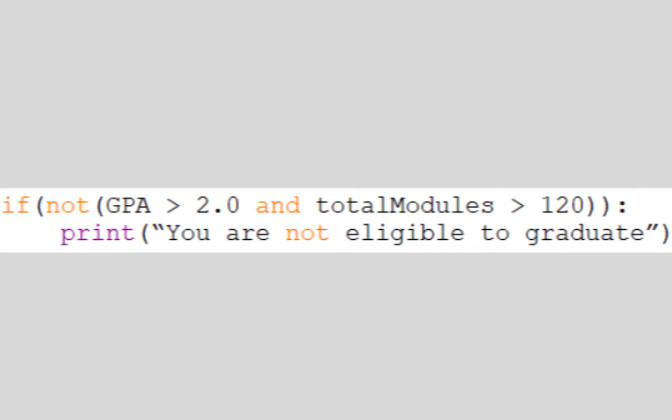Again, you can use multiple if statements, but we're going to use logical operators to reduce the amount of code that we're going to write. So for this one, we can do: if not GPA is greater than 2.0 and total modules is greater than 120, print you're not eligible to graduate. That means both of them are not true. That's why it's printing you're not eligible to graduate.